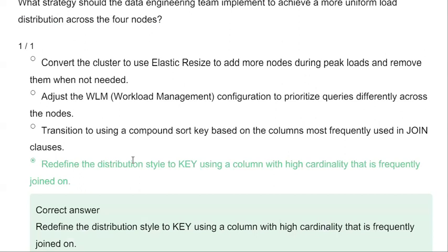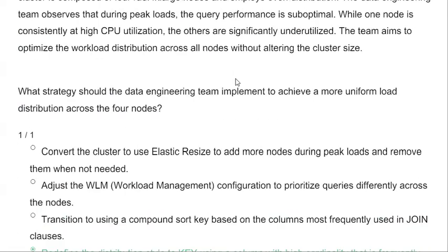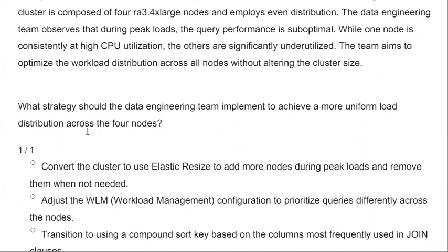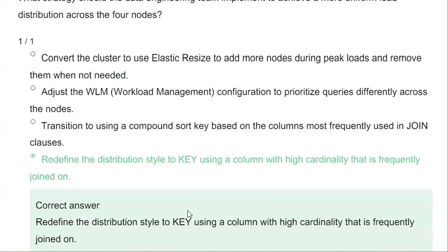So whenever a query executes, the load does not fall on a single node. It falls on multiple nodes. So that's why we need to prefer this key distribution for spreading the load on all your nodes equally. So this is the answer for that.